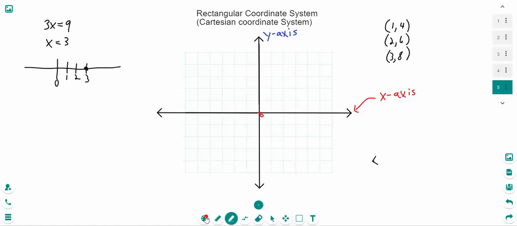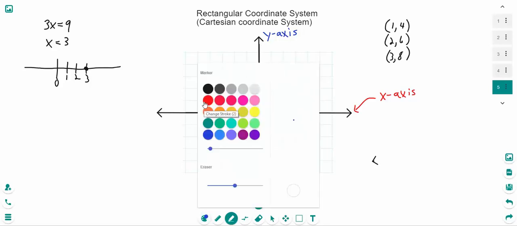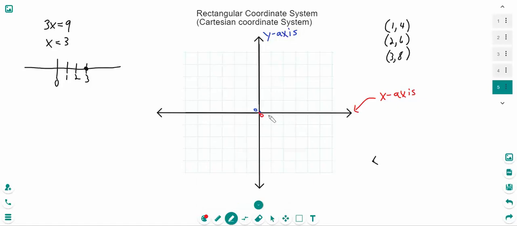It's also the up and down y-axis 0. So that's kind of the 0 point. If you think of this as a number line going this direction, that's the 0. And if you think of a number line going straight up and down, that's the 0 for the number line there.